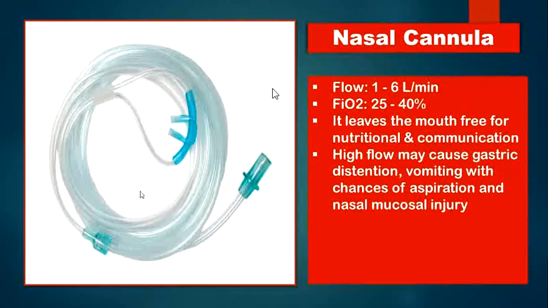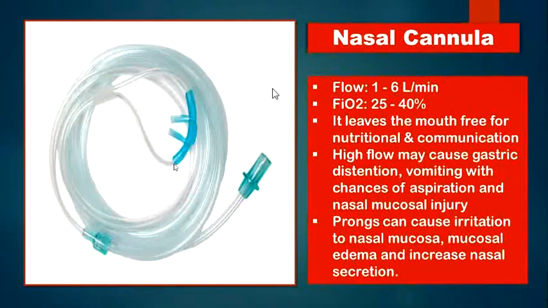This may cause gastric distension because some of it goes to the stomach, and may induce vomiting, and there is a chance of aspiration or nasal mucosal injury because of putting the nasal prongs, as they are called, inside the nostrils. So if it persists or stays for a long time, it may cause mucosal injury, and it may cause irritation to the mucosa, and even may cause a mucosal edema or induce nasal secretions.